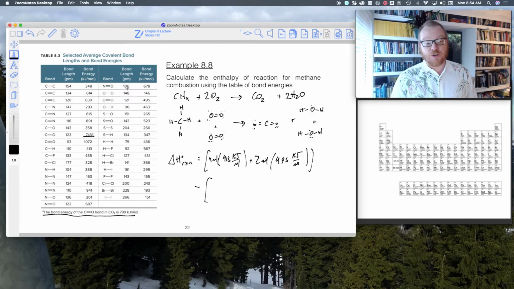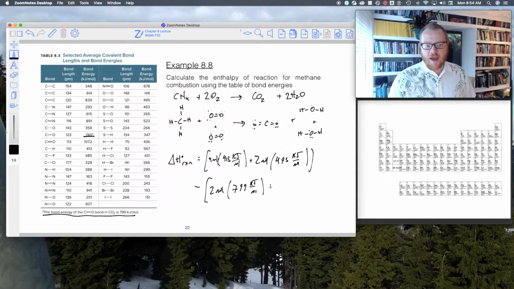So make sure you notice that. This table doesn't have any other exceptions, but every now and again, you will see something like that in these tables because chemistry is the science of exceptions. You knew that. Okay, so there's now 2 moles of carbon-oxygen double bonds in CO2 at 799 kilojoules per mole.